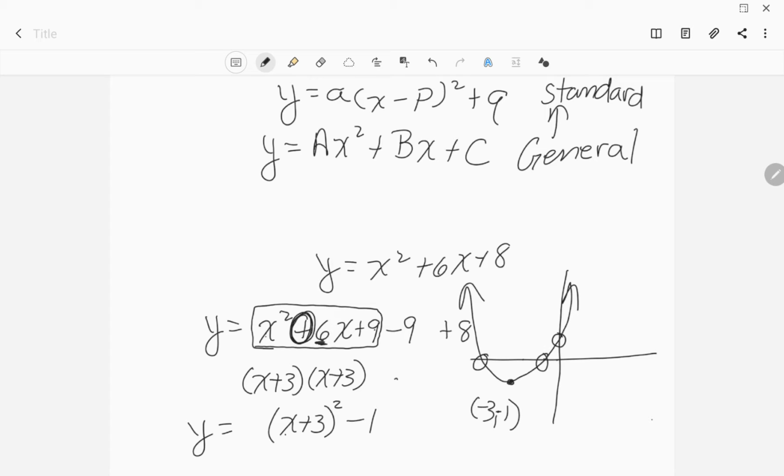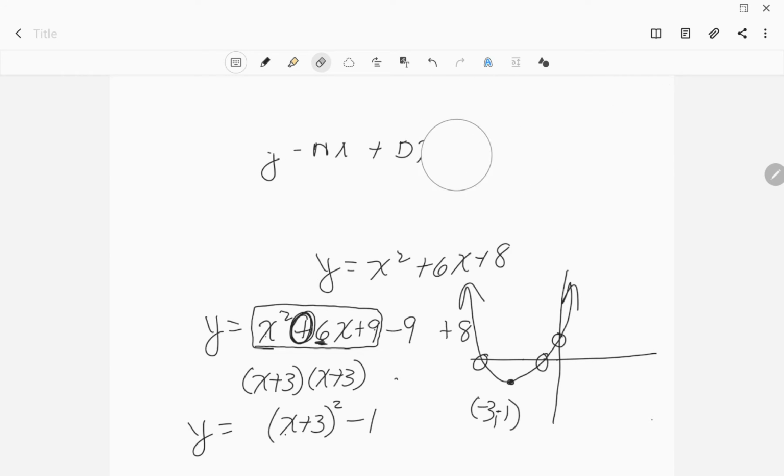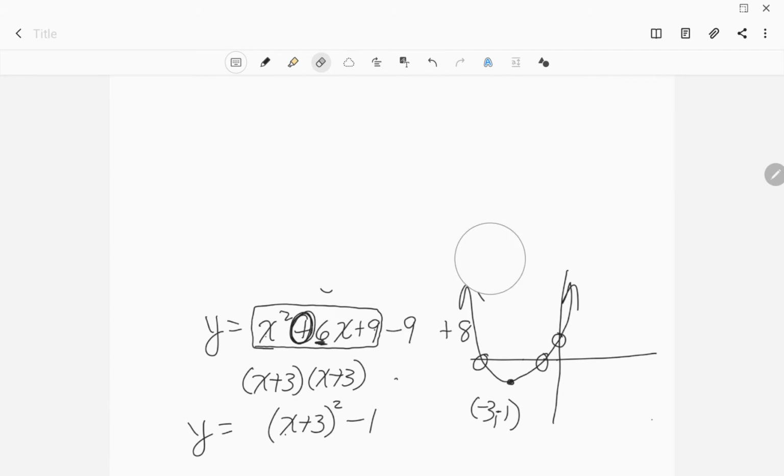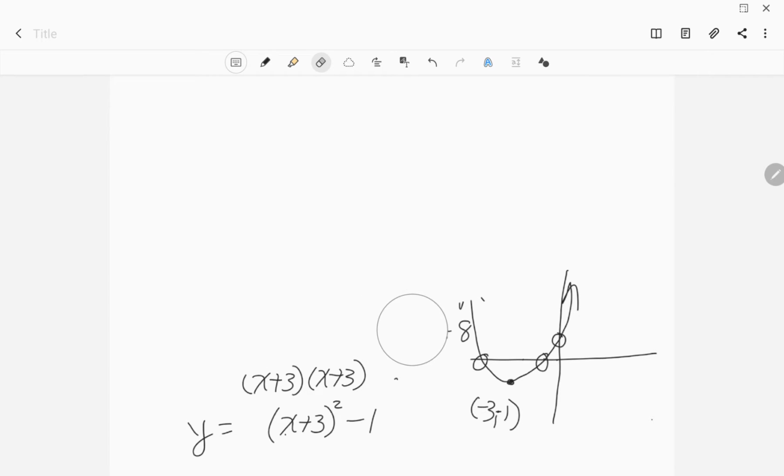But if you're like me and you've just sketched it, you need to find your intercepts. To find your intercepts, you're going to take the equation that you just found, which is x plus 3 squared minus 1.